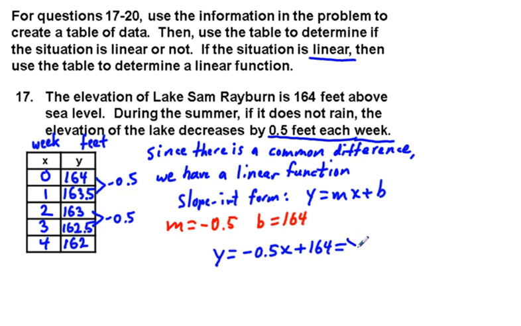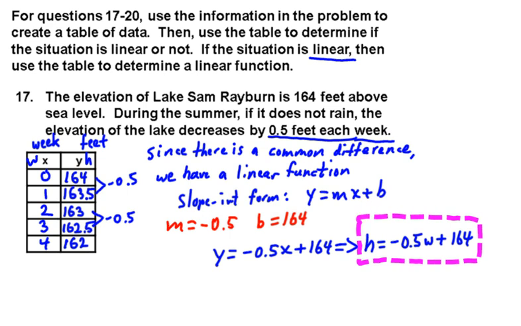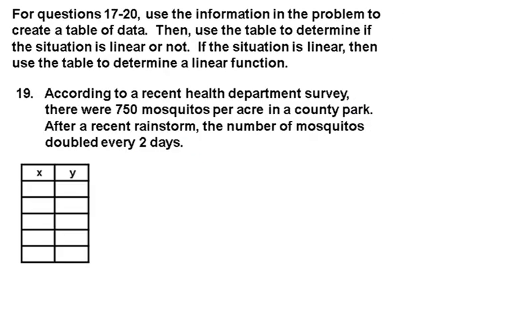And if we want to use w for week and h for height in feet, we could say the height is equal to negative 0.5 times the number of weeks plus 164 feet, which is our initial height. So I'm going to say this is our correct answer for number 17.